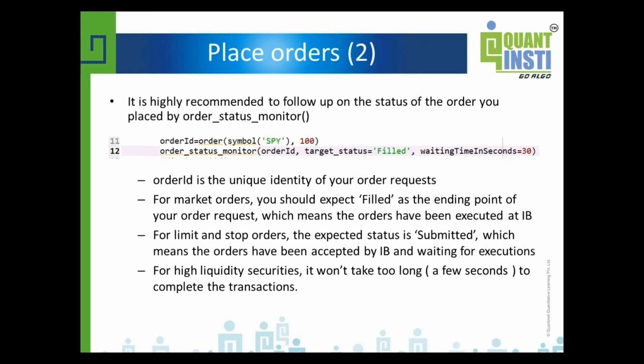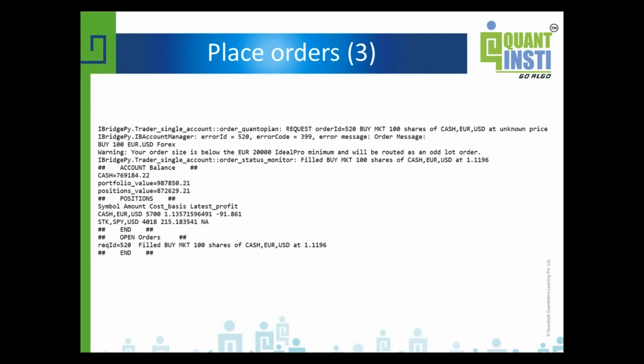The content is a request to buy a market order, 100 shares of Forex, Euro USD, and the order ID is 520 at unknown price. Unknown price means it's a market order.